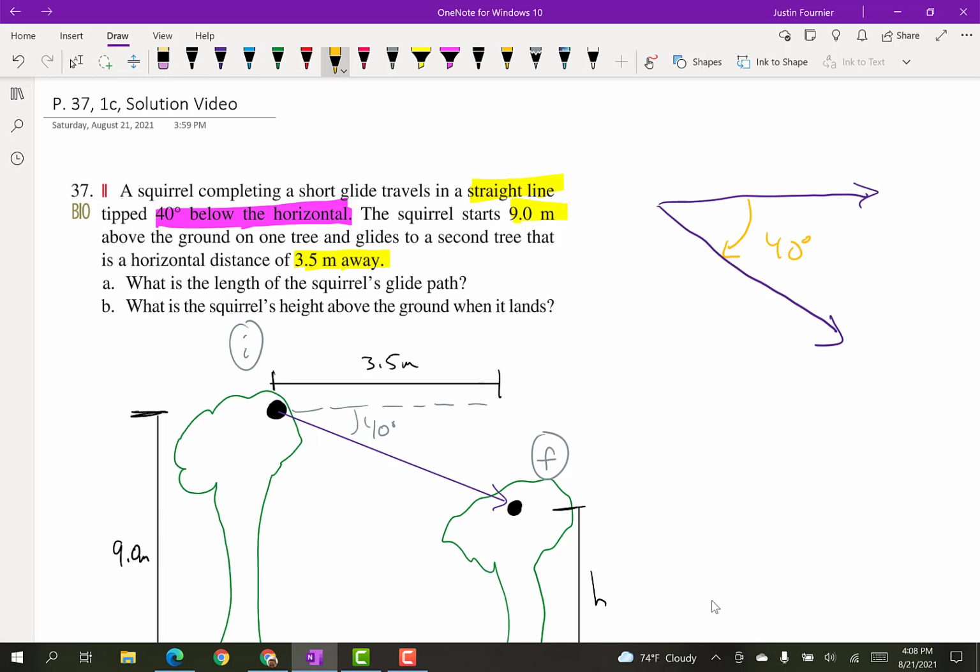That's what we mean by below the horizontal. So if I have a horizontal, 40 degrees below would be like that, whereas 60 degrees would be something like this. This angle here would be a 60 degree angle below the horizontal. Above the horizontal, this would be like 30 degrees above the horizontal. So that's the notation.